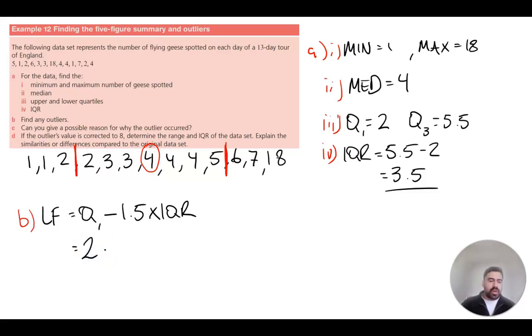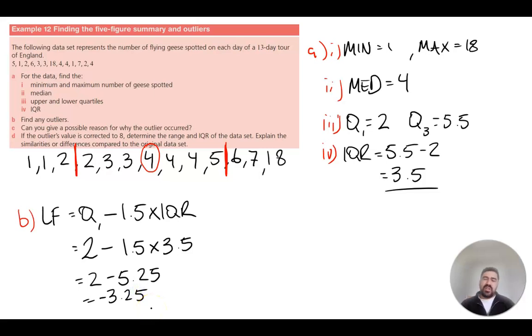So if we take 2 and minus 1.5 lots of 3.5, in other words, 2 minus 5.25, anything lower than negative 3.25 geese is considered an outlier. If you get a negative number, don't freak out, especially if you're expecting a whole number, because we're dealing with countable real-life geese. This is just a formality of calculations. So anything lower than this is considered an outlier. Clearly, we don't have anything lower than negative 3.25 because our lowest number is 1.